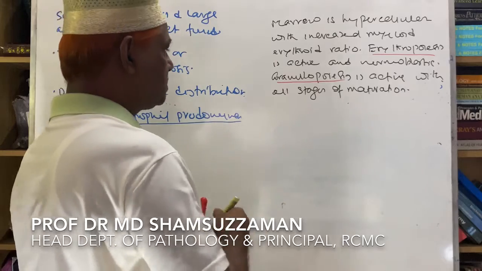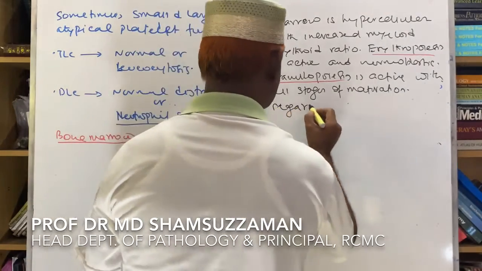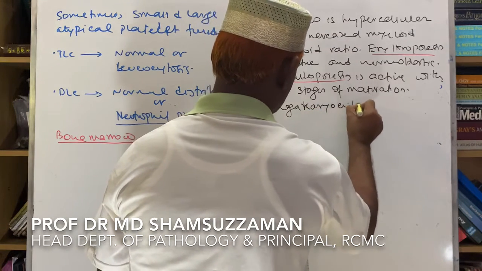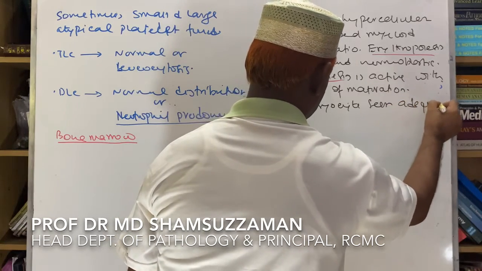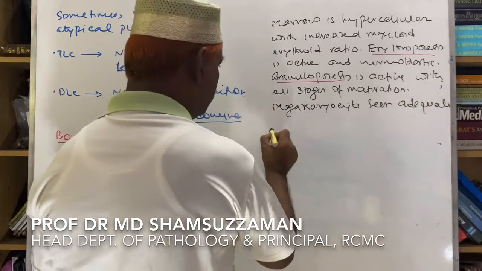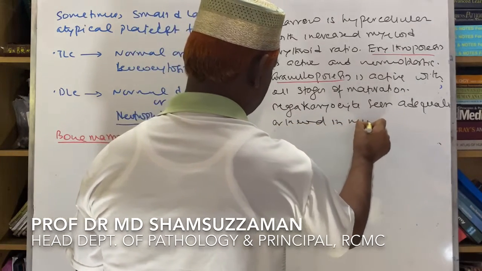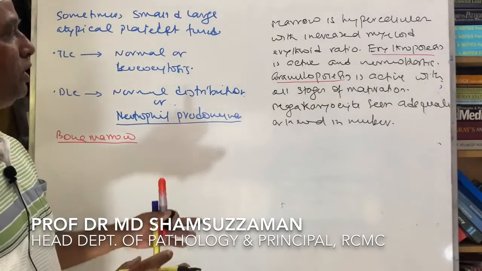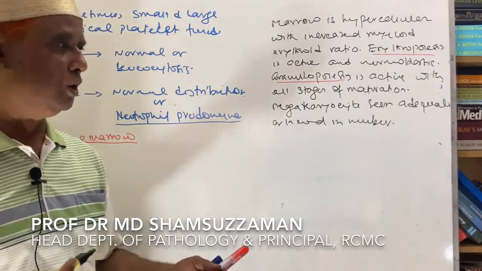What about the megakaryocytes? Megakaryocytes are seen adequate or increased in number. So, in the bone marrow we will see an adequate number of megakaryocytes, or the number of megakaryocytes increased more than normal.